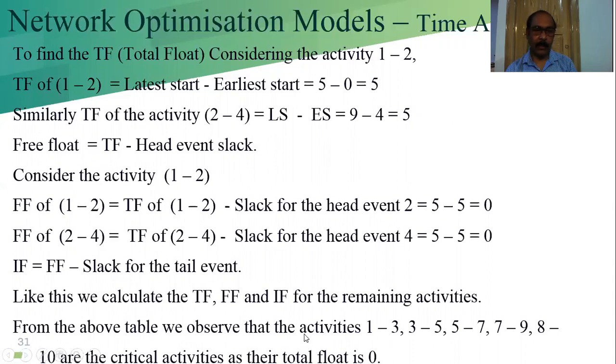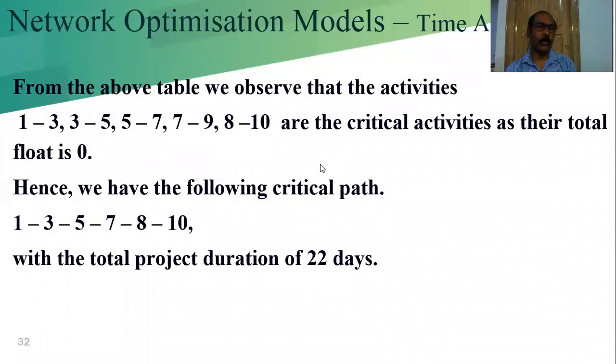From the above table, we observe that the activities 1-3, 3-5, 5-7, as I already discussed, have total float 0. So this is the final calculation and conclusion: where total float is 0, those activities are the critical activities, and taking the critical activities in sequence, we get the critical path, and at the end node we get the project duration time.